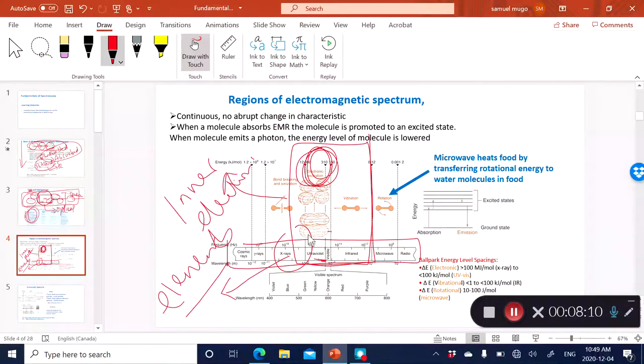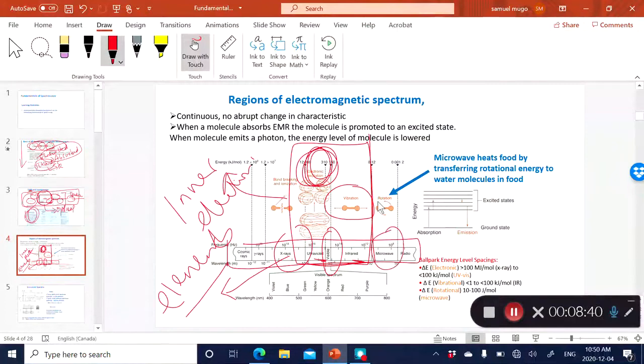In the visible range also, you get electronic excitation of the outermost electrons, or what you call the bonding electrons. In the infrared range, they are not energetic enough to cause electronic excitation. Instead, they cause the vibration and rotation of the bonding electrons.